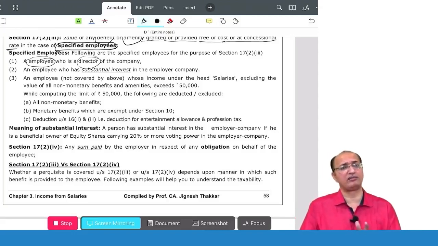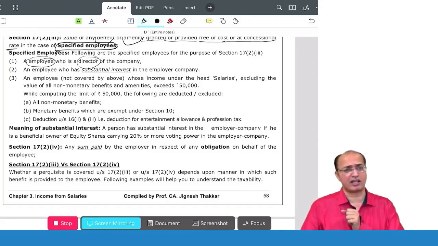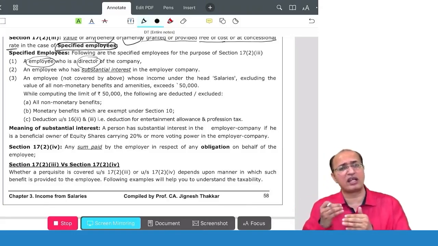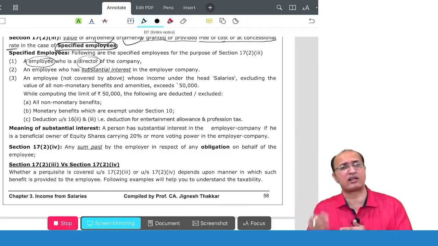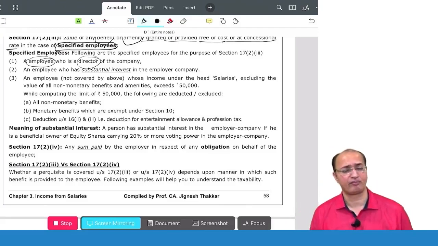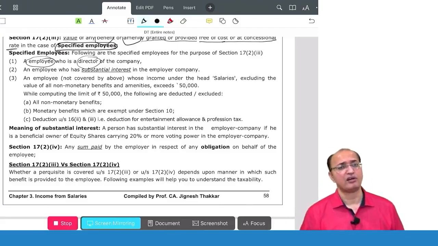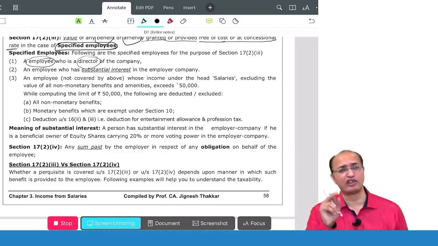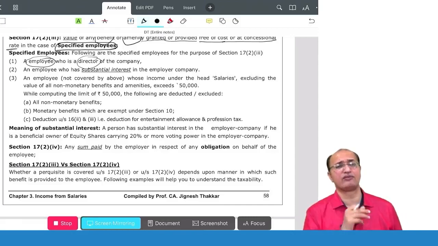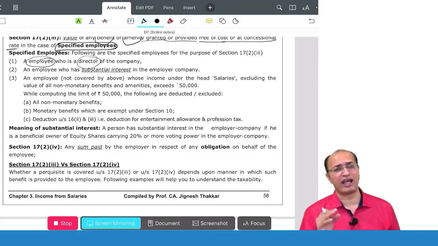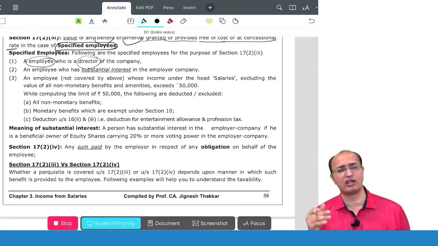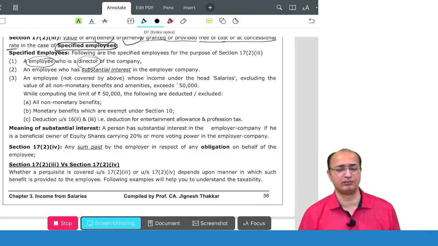On the other hand, if the director is a part-time director, then between the company and the director, the employer-employee relationship does not exist. Therefore, the amount received by that part-time director cannot be taxed under income from salary. It will be taxed either under business or profession or under income from other sources.